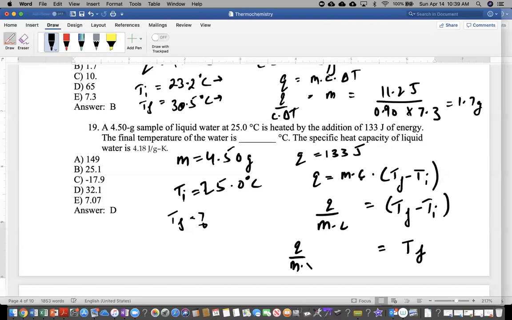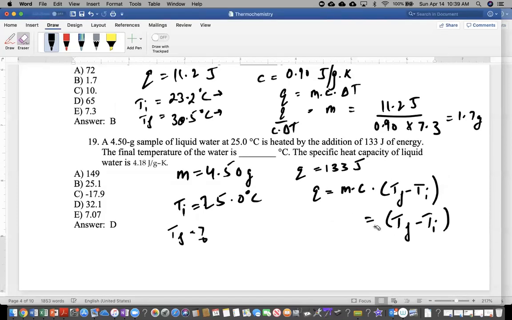Or you can open these up, split them into each term, and whichever way you find comfortable, that's how you isolate that TF.